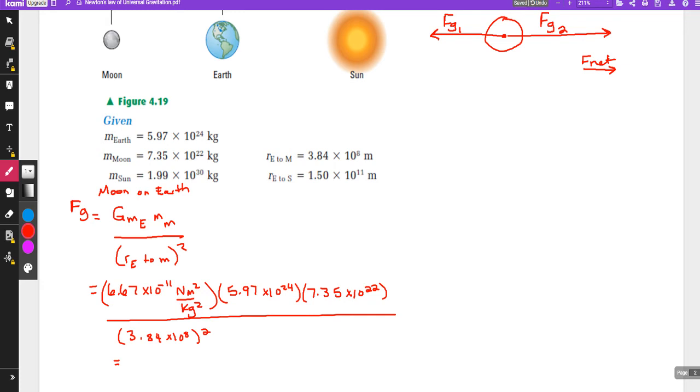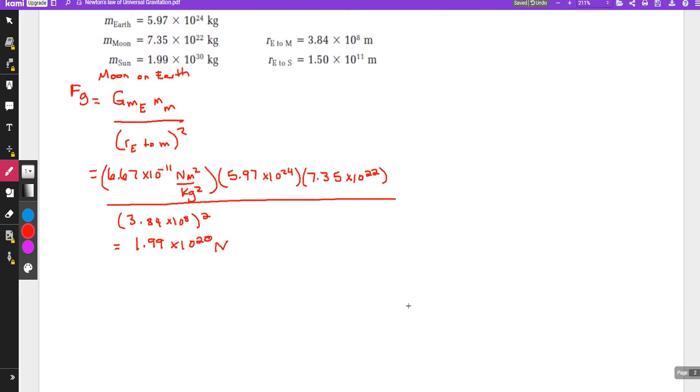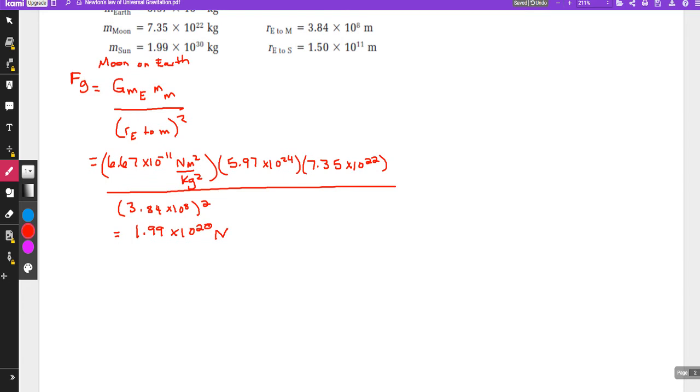Plug that all into your calculator, 3 sig figs, 1.99 times 10 to the 20 newtons. That is towards Earth's center here. Then we're going to do the same thing. FG is equal to G, M Earth, M Sun, all over RE to Sun squared.